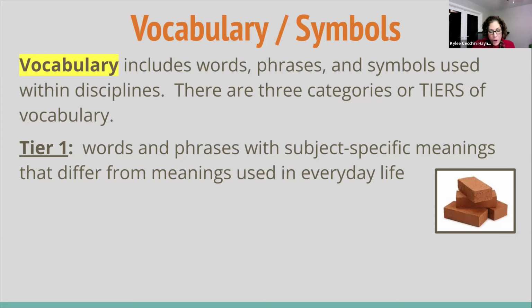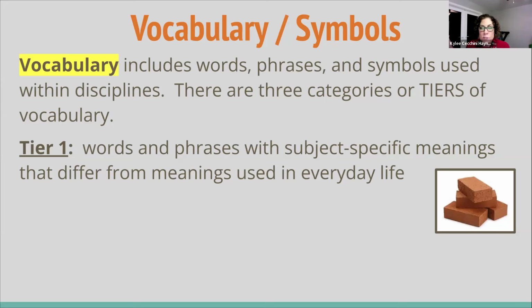For instance, a word like product. We know it would be different in math than in econ, if you're taking an economics class. Or division would be different in math compared to, say, social studies. Or the word negative, in math could be different.